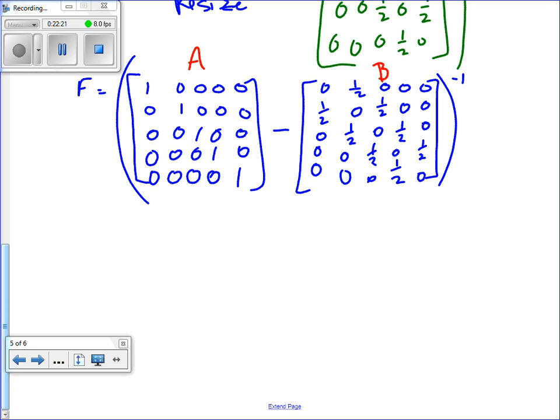Make sure that you do this to the negative first power, and that's going to give me F. F is equal to the big one, not fractions.